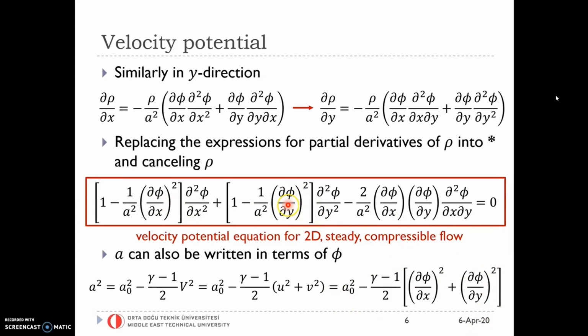But the problem is this equation is highly nonlinear, and you need to have really some fancy techniques in order to solve that equation. So in the coming video, I'm going to explain how we are going to do that.